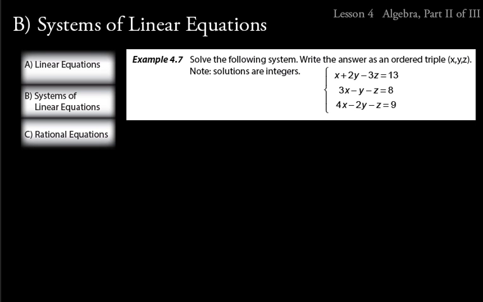So just scan through the 3 different equations that you see there, look for similarities, look for things that maybe you could easily eliminate. Like, look at this, plus 2y minus 2y. If you added those 2 equations, you get rid of the y's really fast. And then if you took the top equation and multiplied the middle one times 2, then you'd have a negative 2y plus 2y again.